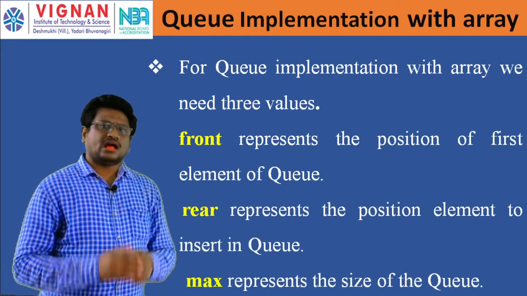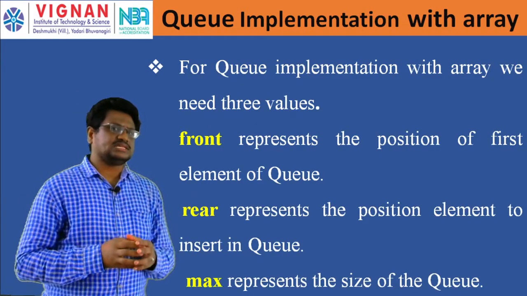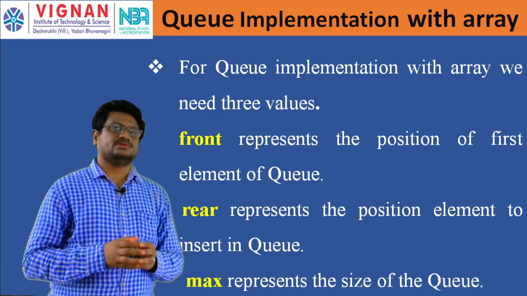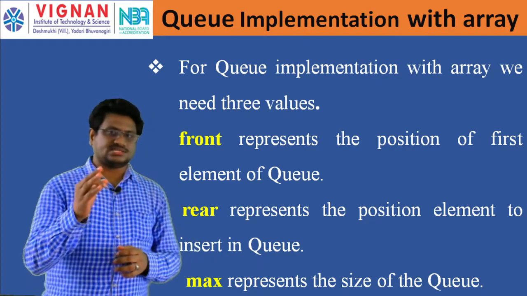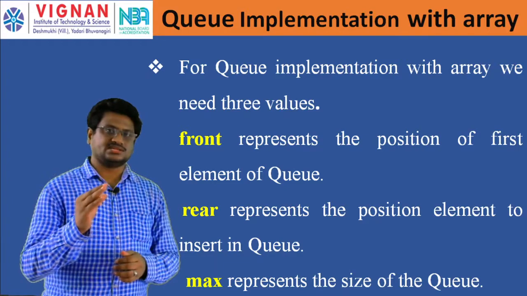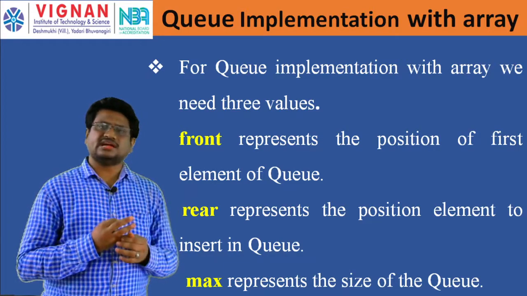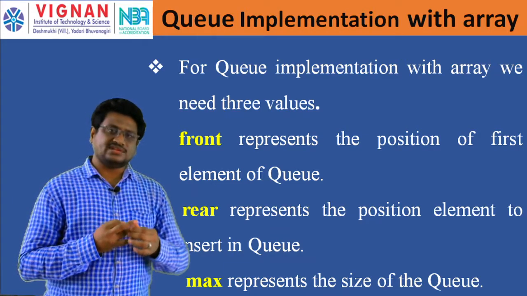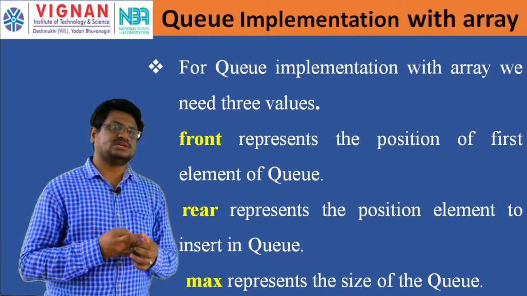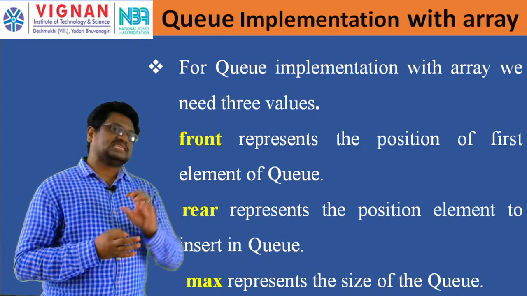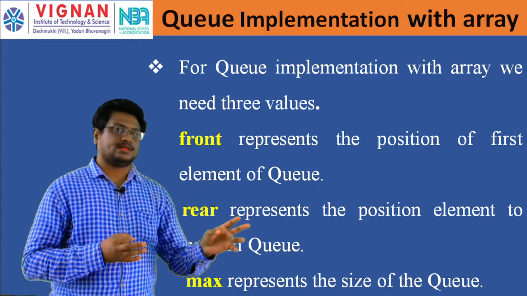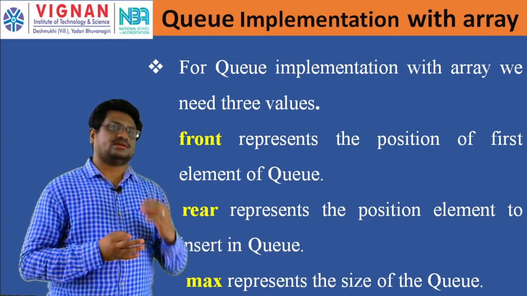Now, first I will implement arrays. As you know, arrays have three functionalities. The first, I will create an array. Next, I will initialize the values, that means I am inserting the values into an array. Next, I will access the array values.